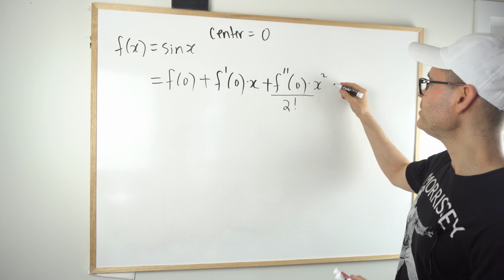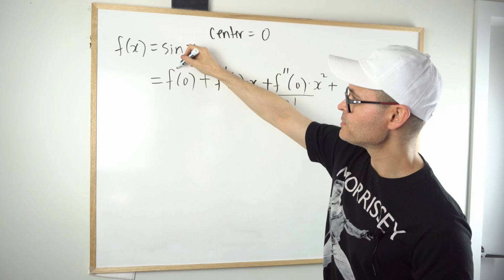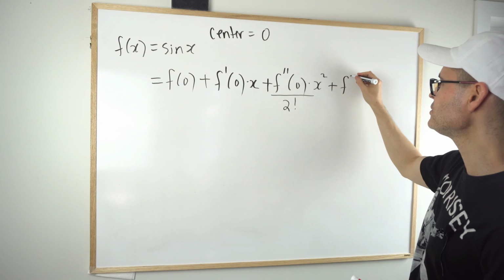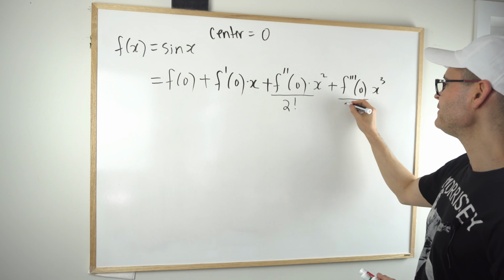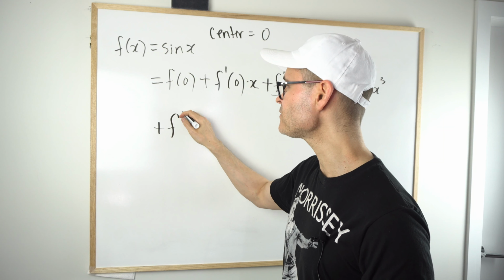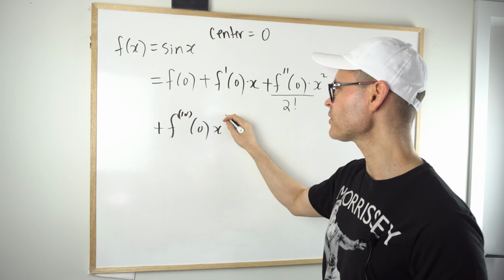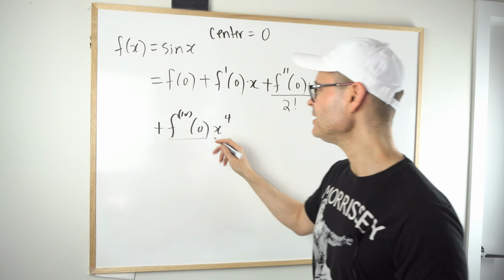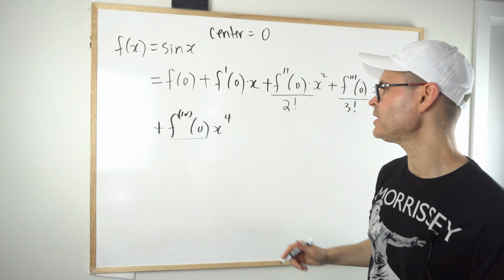I could add a cubic. So let's add a cubic. If I'm following this idea, there's been no derivative, first derivative, second derivative. Let's take the third derivative at 0, there's your cubic, and divide that by 3 factorial. So let's take the fourth derivative at 0 for the quartic term, which again is going to allow us to build more accuracy in our polynomial approximator for the sine wave.